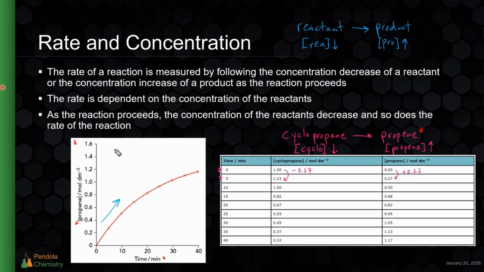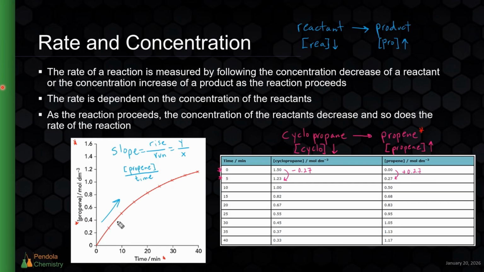Why? What is the slope of this line? If you remember from basic math, slopes are rise over run, right? Or y-axis over x-axis changes. Well, here our y-axis is the concentration of propene, whereas our x-axis is time.